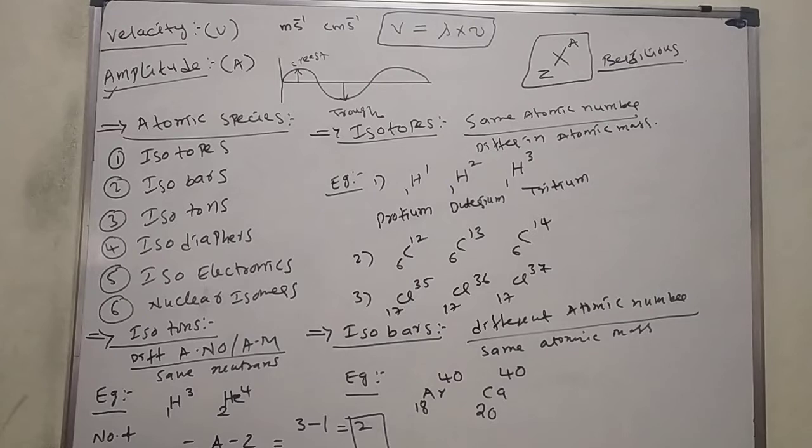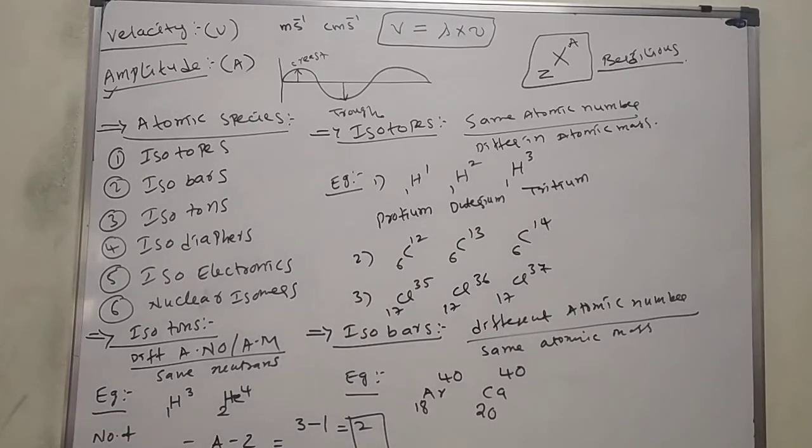Number of neutrons present is A minus Z, here 2. That means these two nuclides, this complete atom we call a nuclide, have the same number of neutrons. That's why we call them isotones.